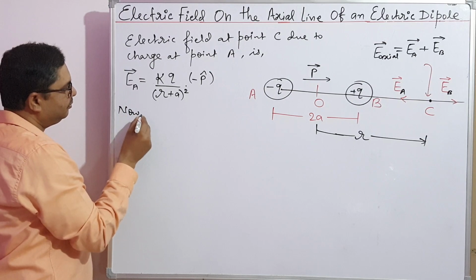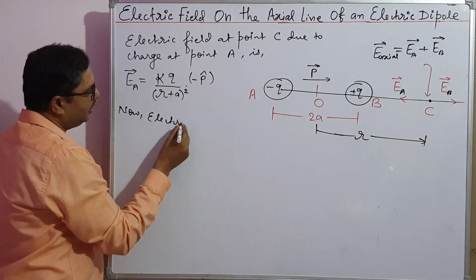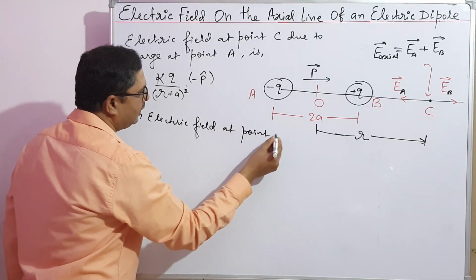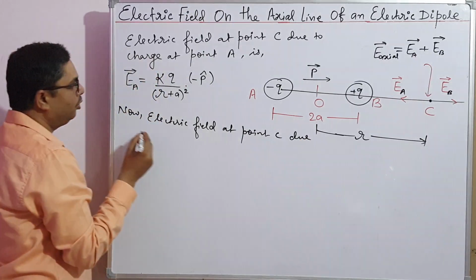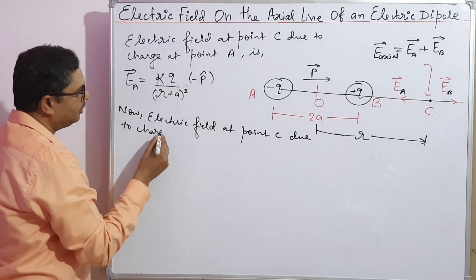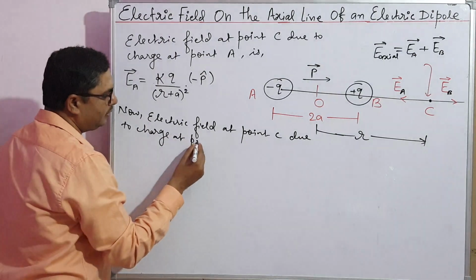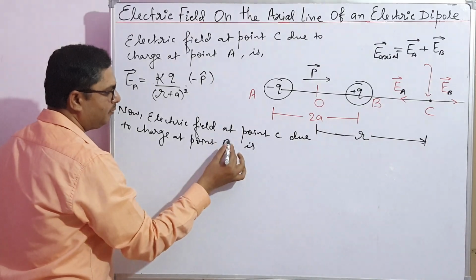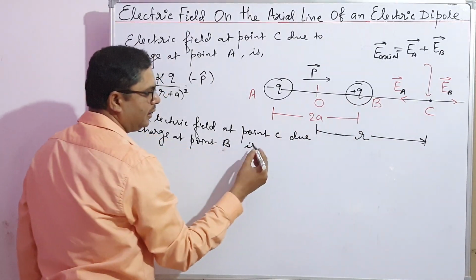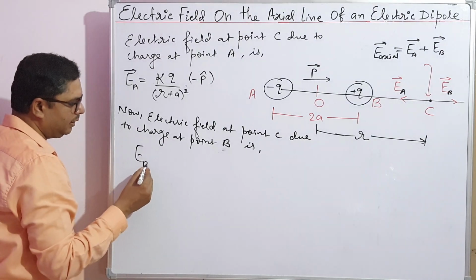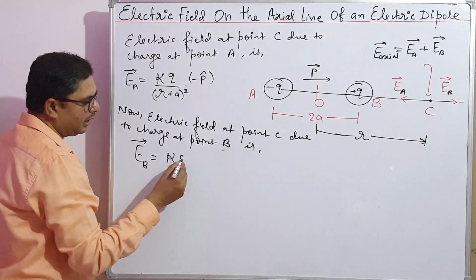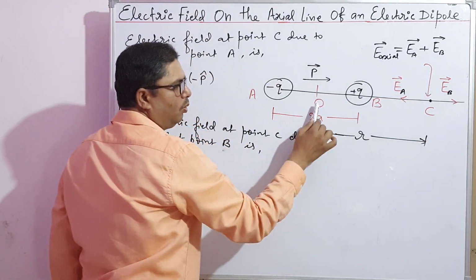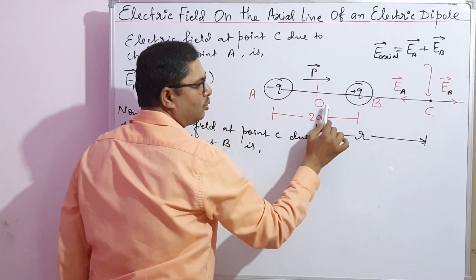Now the electric field at point C due to charge at point B. This is EB, equal to KQ upon distance BC squared, and BC is equal to OC minus OB.